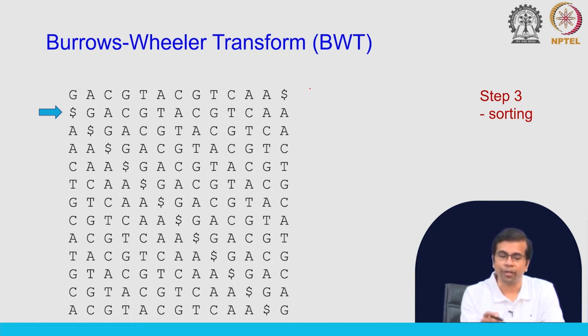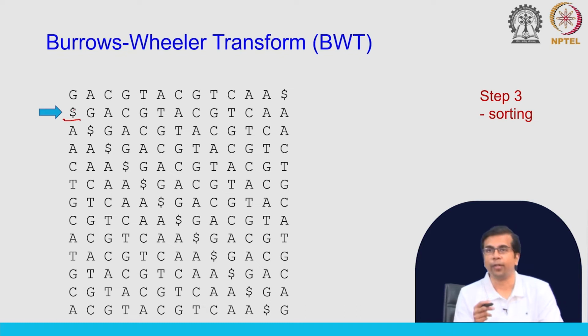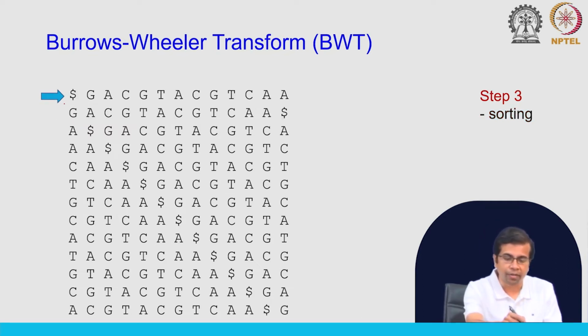The first one would be this one. Remember we mentioned dollar is smaller than the rest of the letters, so this will come first. So, we bring it to the first position. This is the first string.